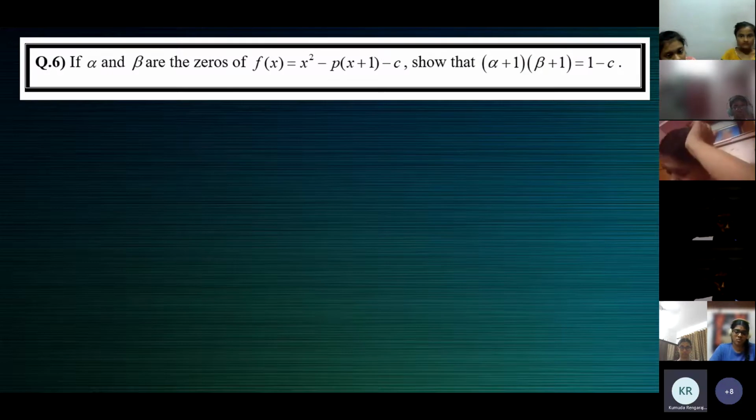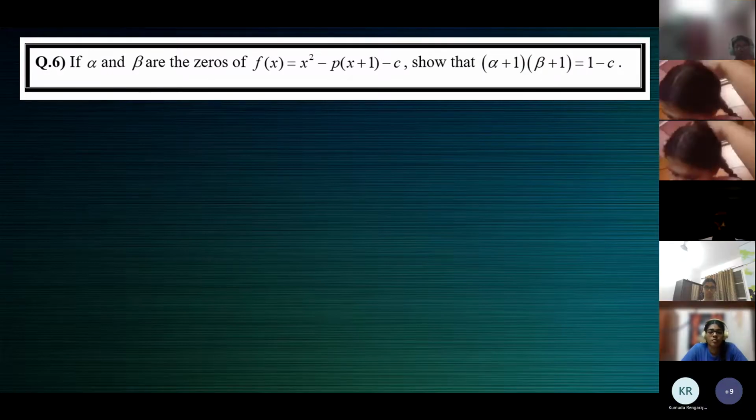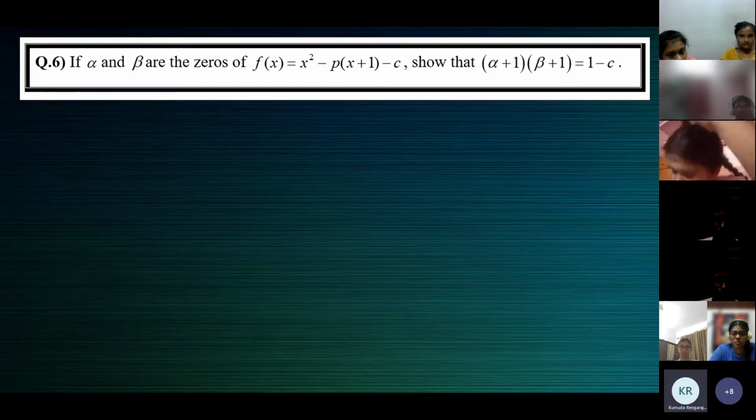If alpha and beta are the zeros of the polynomial you can see there, show that alpha plus 1 into beta plus 1 is equal to 1 minus c.